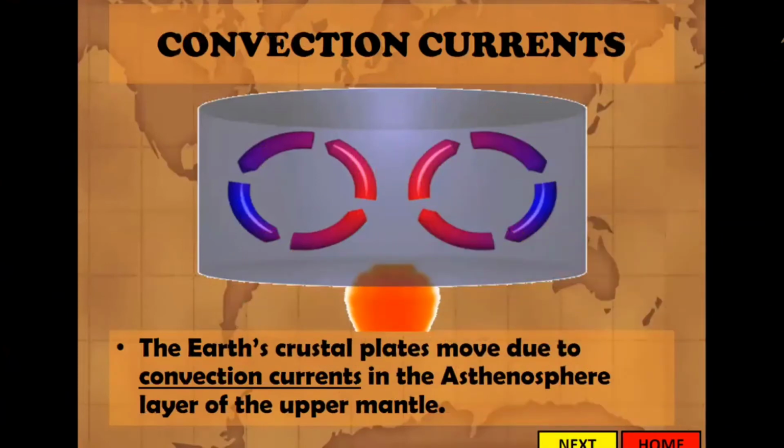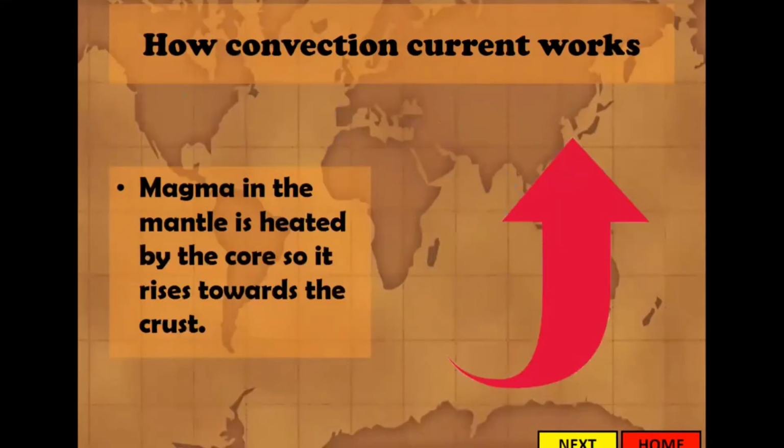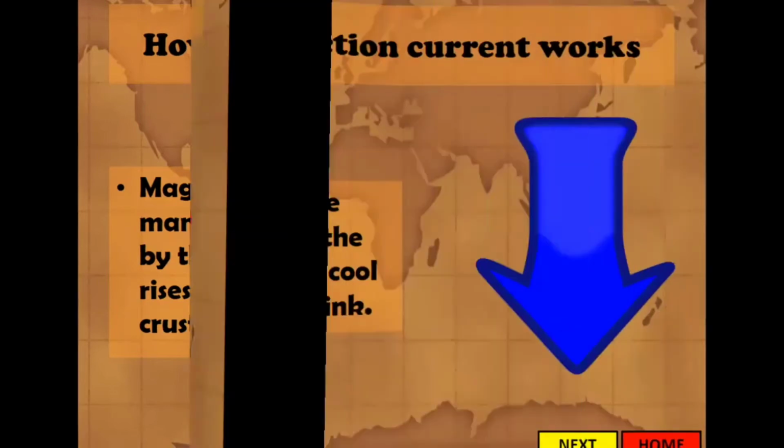So through convection current, the Earth's crustal plate moves due to convection current in the asthenosphere of the upper mantle. And this convection current works by the heating of magma in the mantle, and the core as well is heated, so it rises towards the crust.